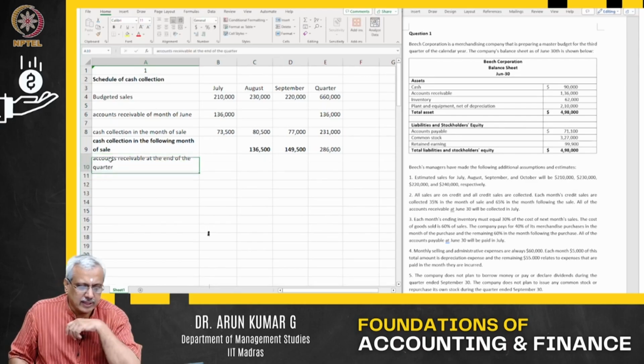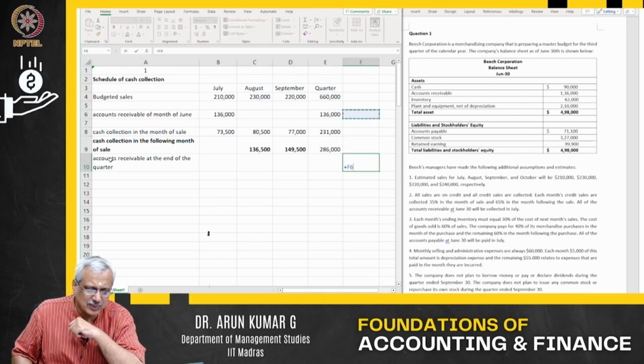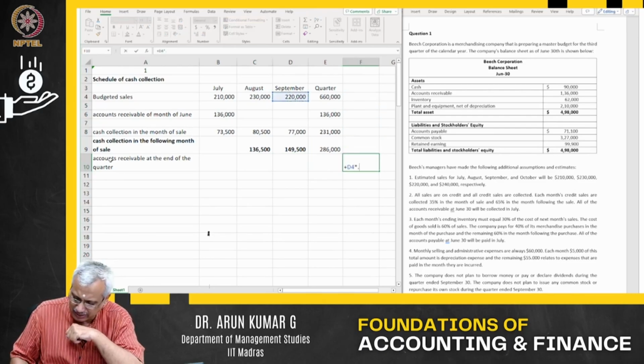At the end of the quarter, please note, September sale 2,20,000. 35% of it you have collected. When you close the quarter, 65% you are yet to collect.